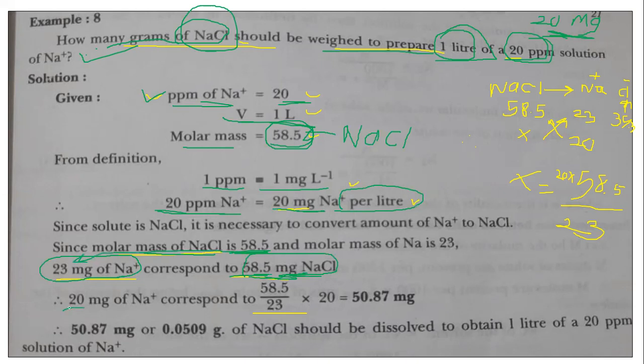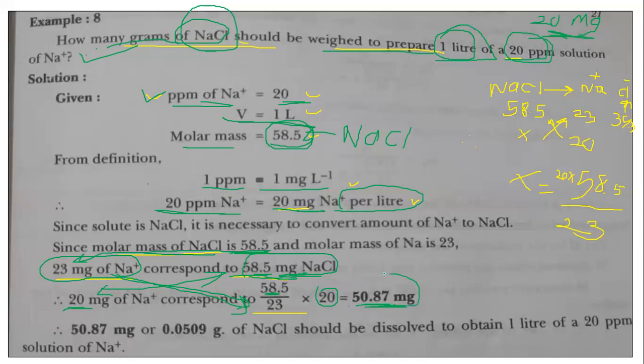How much do we need? We need 20 mg, right? So how much do we have to take? We have to do cross multiplication. Multiply these two terms divided by 23. See what happened here now: 58.5 into 20 upon 23. What is the answer? 50.87 mg.